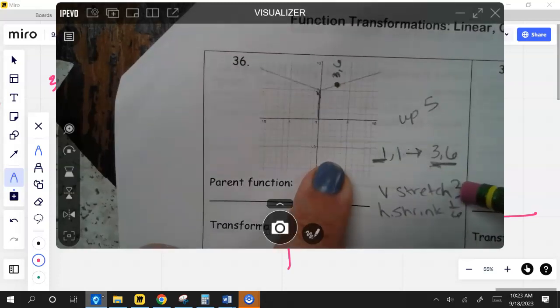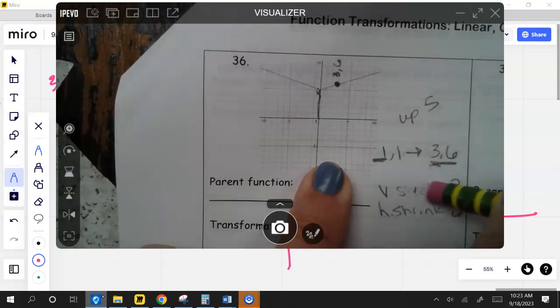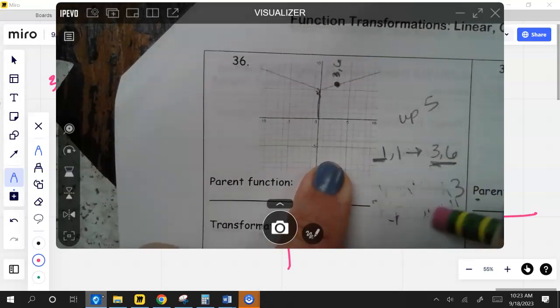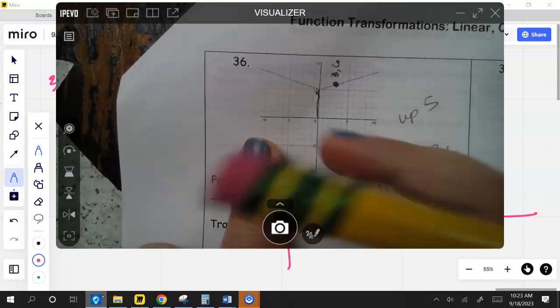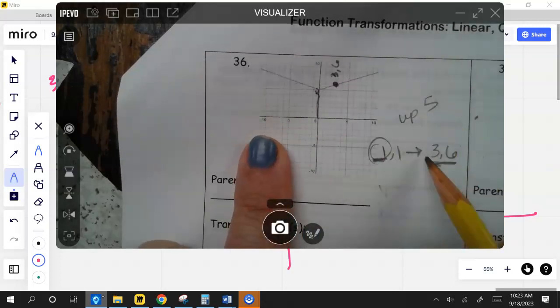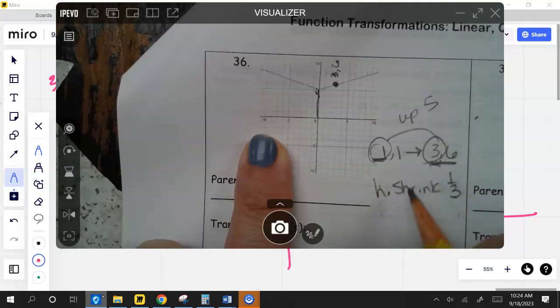Oh, sorry. Okay, this one's horizontal, right? Plus A. Okay, so horizontal shrink of 1/3. Vertical stretch of 6. The 6 is going to go outside.